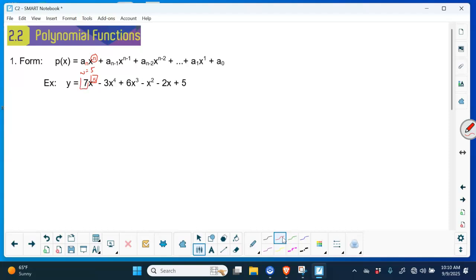So the 7 would be a sub n, right? n is 5 for our example, and the 7 is the a sub n, the coefficient of the highest power term. Now, notice the next term, 4 is n minus 1, right? 5 minus 1. And so the negative 3 is the a sub n minus 1 or a sub 4.